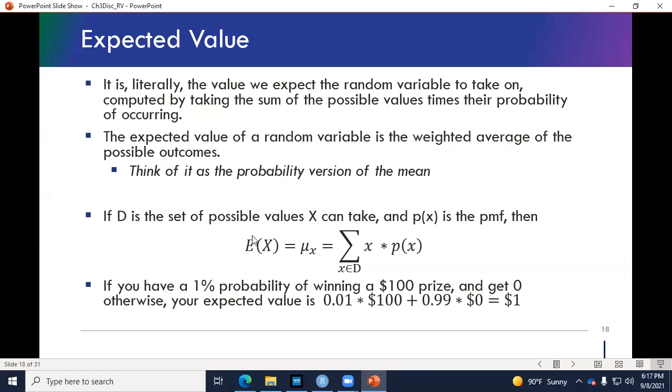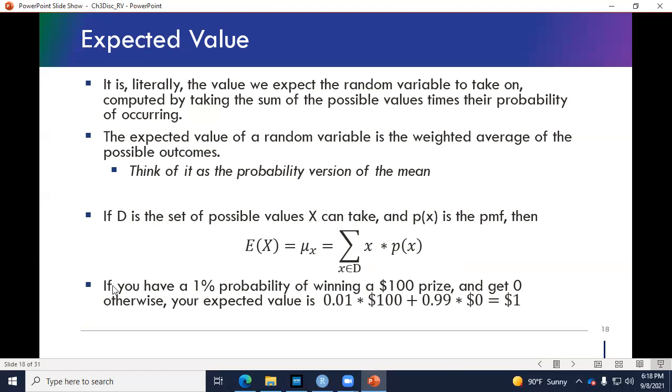If D is the set of possible values X can take, and p(x) is the PMF, we write it mathematically as E[X] equal to mu, the expectation value of X, being the summation of x times p(x). So this is the formal definition for expected value.